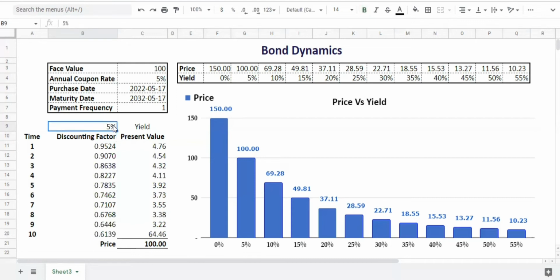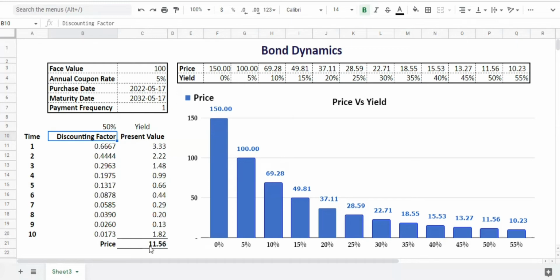And then what about 10%? Then the price drops to 69.28. At the yield of 10%, it becomes 69.28. Likewise, if we take the yield of 50%, it's 11.56.